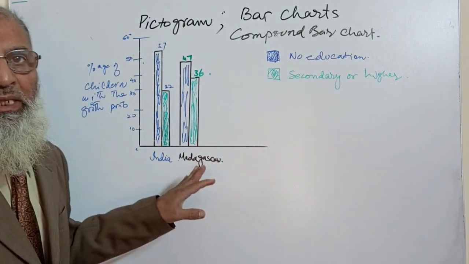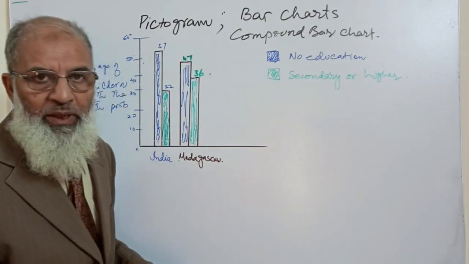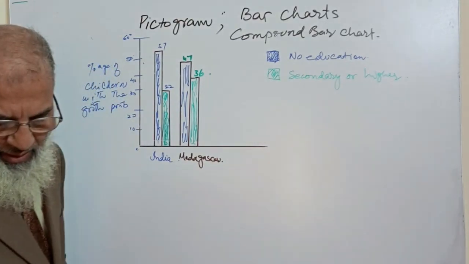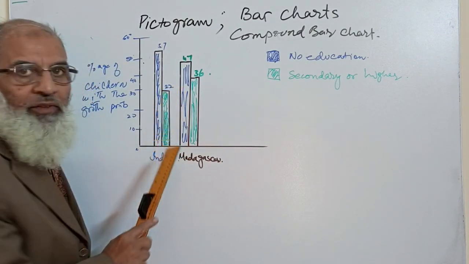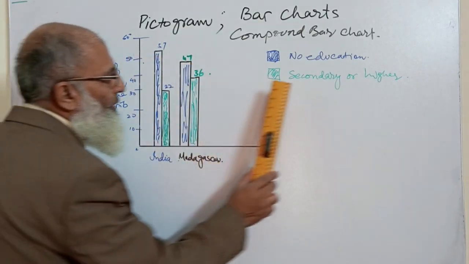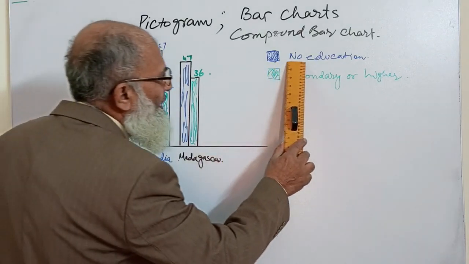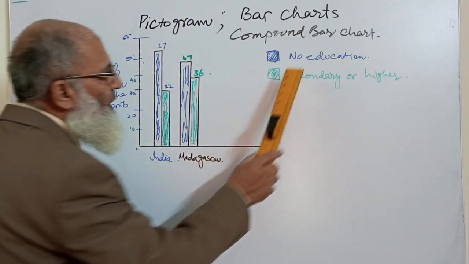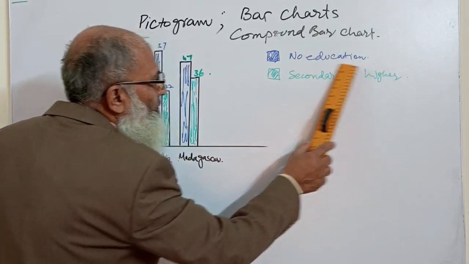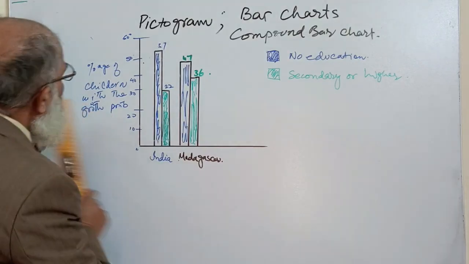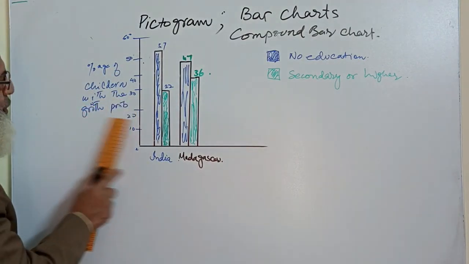Now you can easily see the impact on the children under 5 years of age, the mothers with secondary or higher education and the mothers with no education. Now you can see the percentage of children with the growth problem.